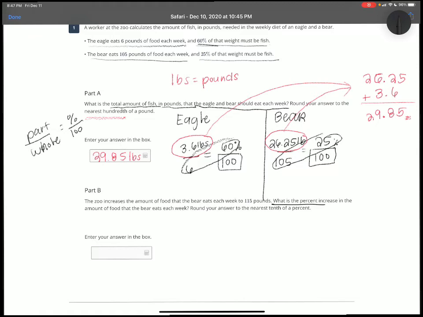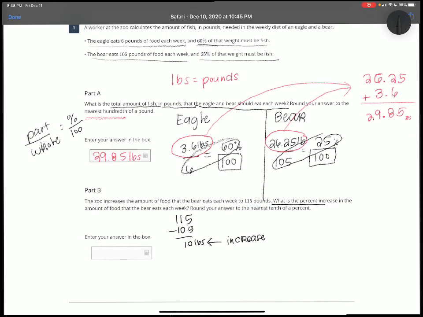We could take the numbers and subtract them to find out how much they increased. The bear ate 105 pounds of food each week, and then they increased it to 115 pounds. You could subtract, and they increased it by 10 pounds. Well, that is the increase.